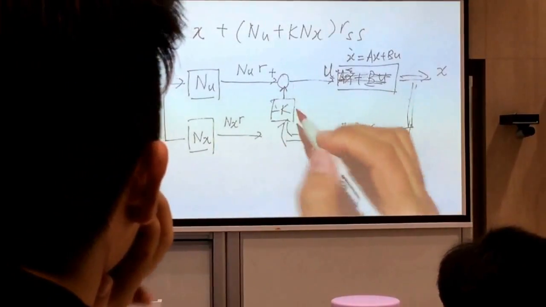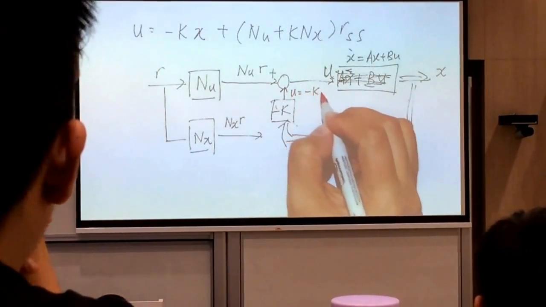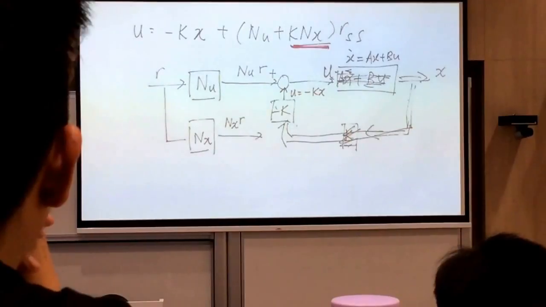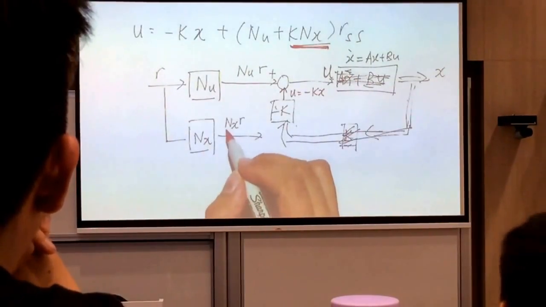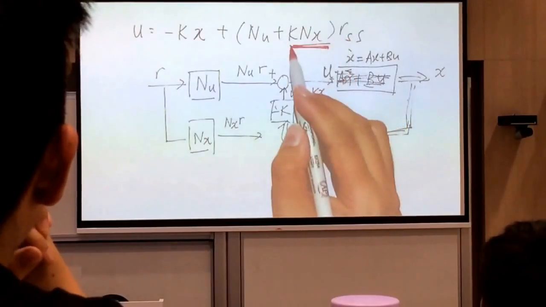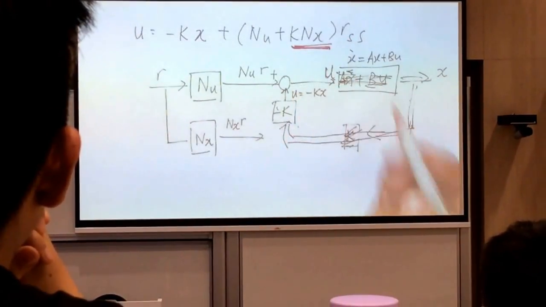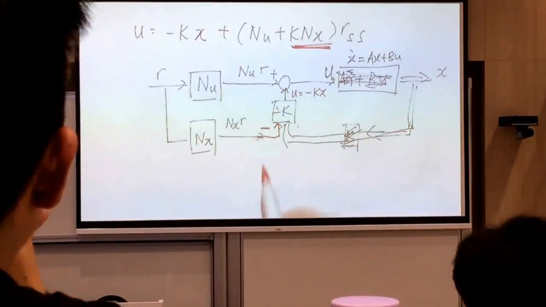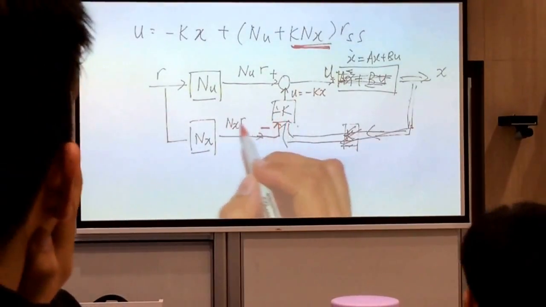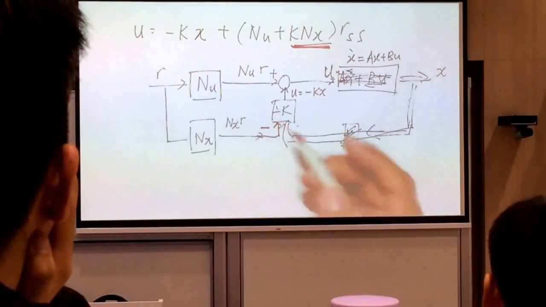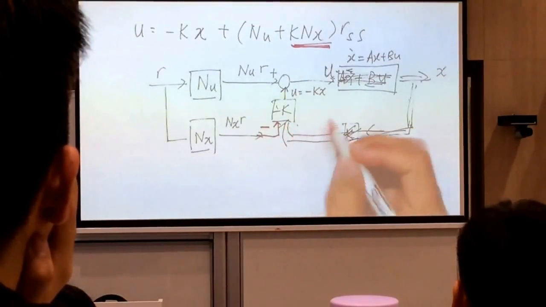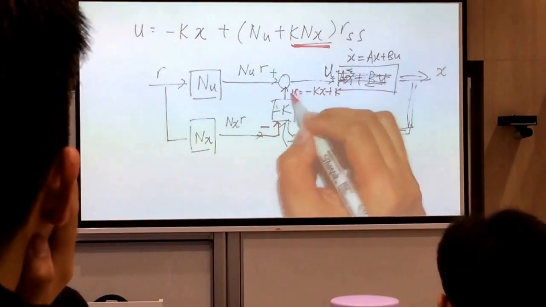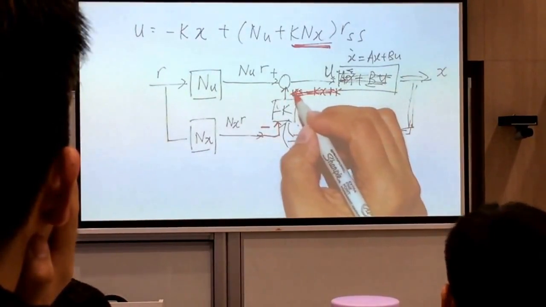From this part, you have u equals, first of all, minus k. Yes? But you still need to add on this part from the r. How do you add on? So you have Nxr. I need times k, right? So what you do is put in this with a minus sign. So we have minus Nxr times minus k. Minus Nxr times minus k is K Nxr. Then you plus to this one. You write this one, because it's not u yet.